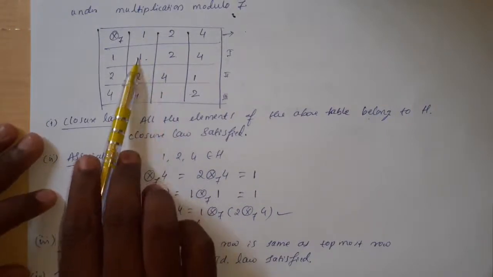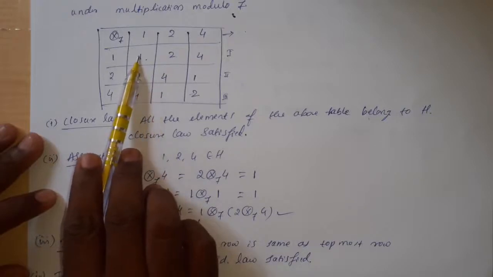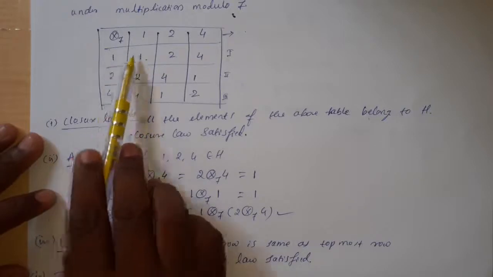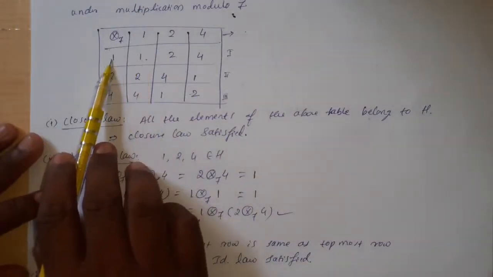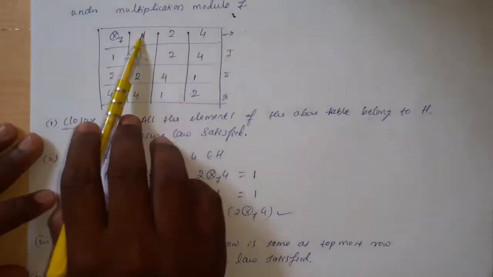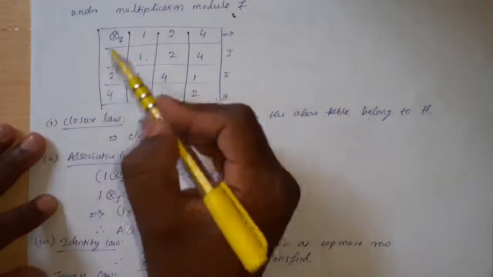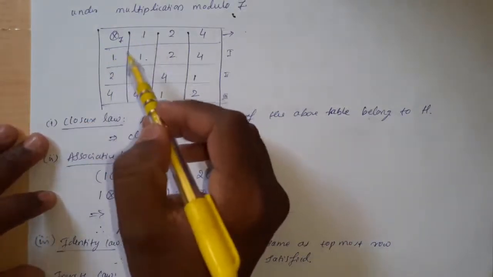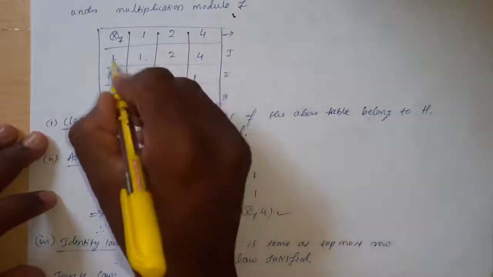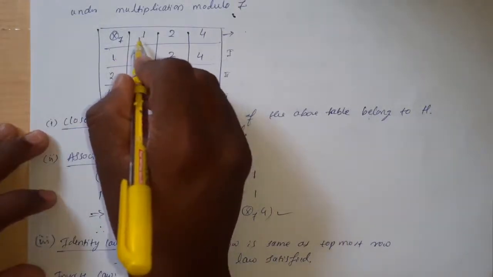So here it is 1, then go through the row and column. So here in the row this 1 is the corresponding element, in the column also 1. So therefore these two elements are inverses of each other. So therefore we can say that inverse of 1 is 1 itself, right.